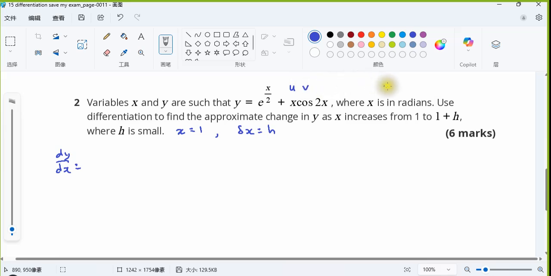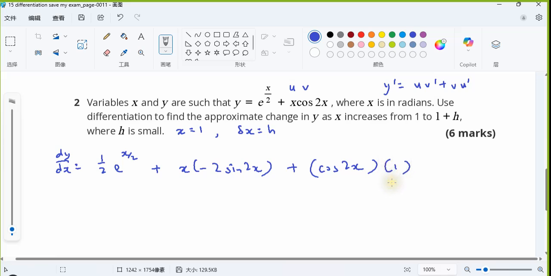This is uv. y prime will be u v prime plus v u prime. So this will be 1 over 2 e to the power x over 2 plus x times negative 2 sin 2x. Differentiate cos will be negative sin, and then differentiate 2x is 2, plus cos 2x times 1.